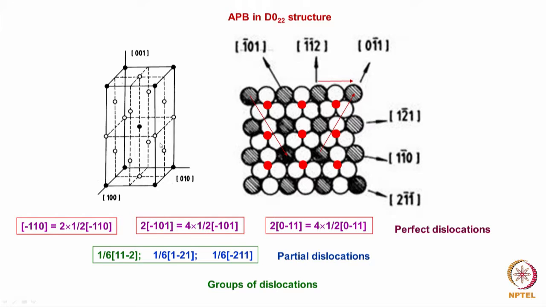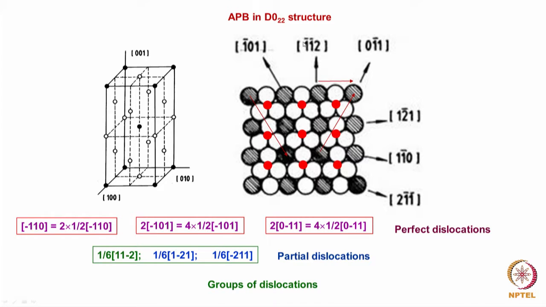In this lattice, if you look at the close packed plane with respect to FCC indices, this is a 111 type of plane. This is how the arrangement of atoms is. Okay. The red atoms show the atoms on the next plane. Okay.